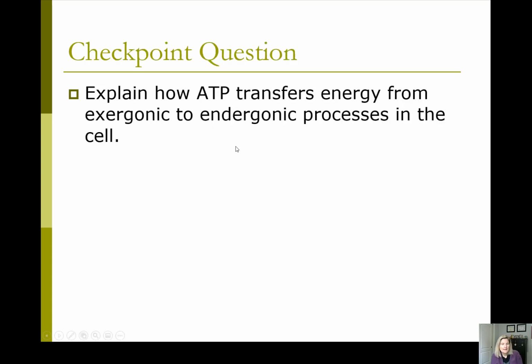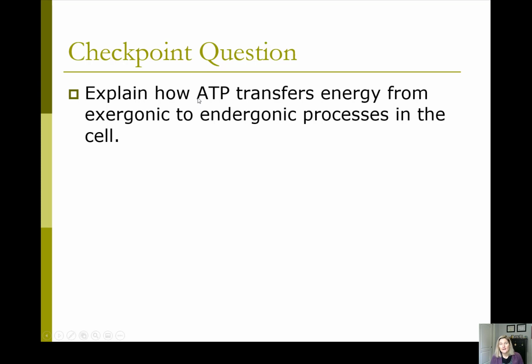So explain how ATP transfers energy from exergonic to endergonic processes in a cell. Remember those exergonic reactions where, say, product AB is converted to A plus B. That's going to release energy, and that energy can then convert ADP plus phosphate into ATP.